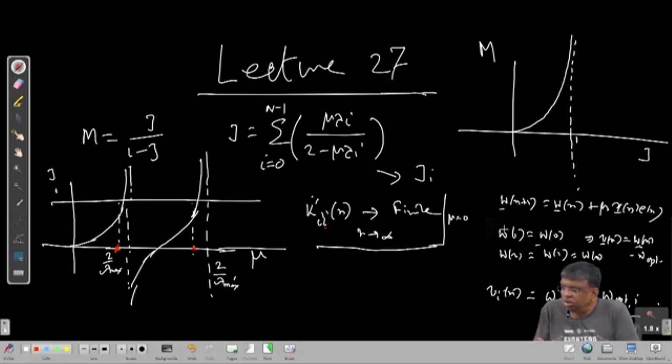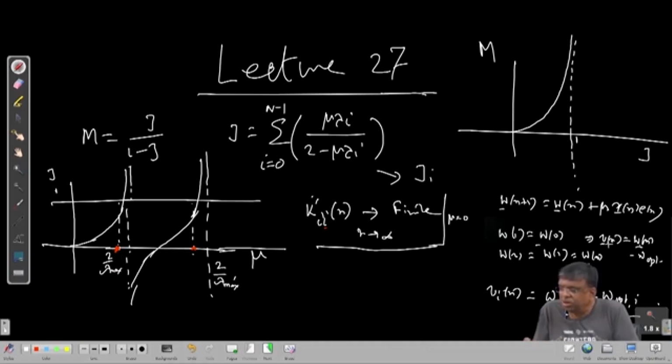So, all the filter weights remain constant at W0 in the case mu equal to 0. If mu equal to 0, what happens to the weight error vector with respect to the optimal weight? V(n) is W(n) minus W opt, but W(n) does not change. It is the same as W0, W1, W2, W3. That is why V(n) is also constant.